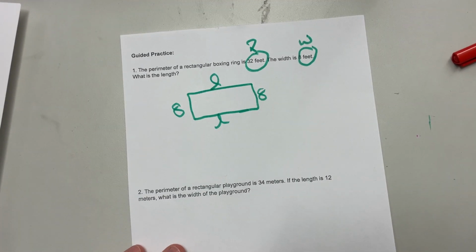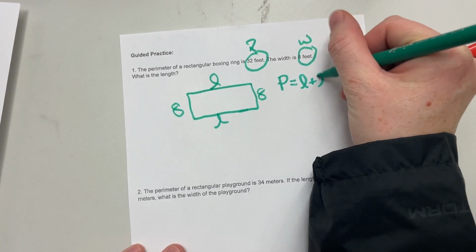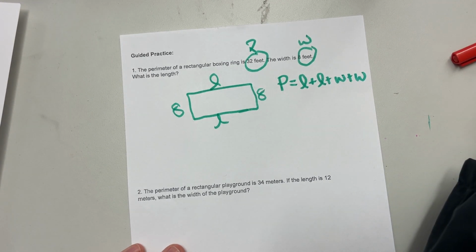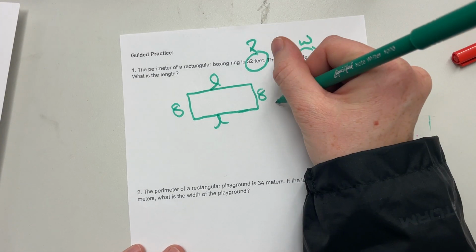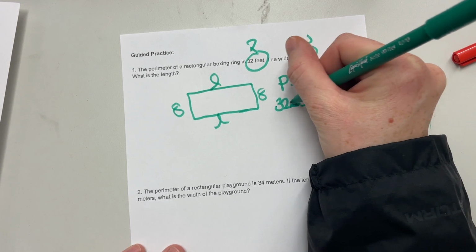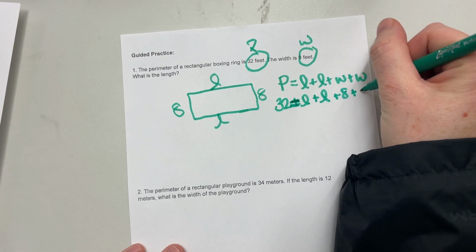L for unknowns. Now we need to write our formula. P equals L plus L plus W plus W. Now I'm going to fill in my information. So I have 32 equals, not plus, equals L plus L plus 8 plus 8.